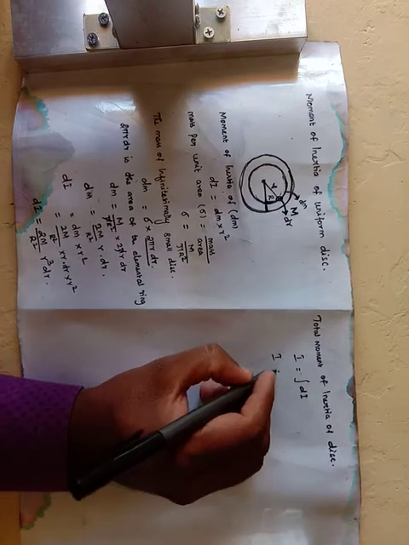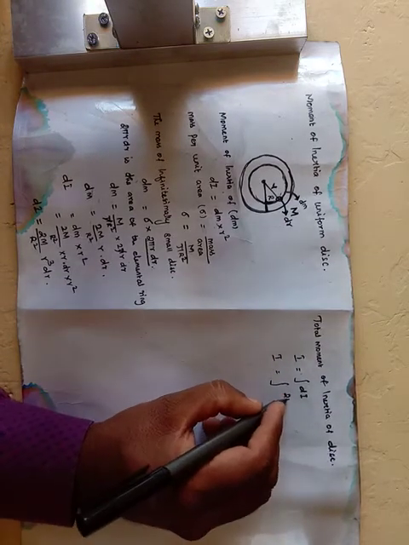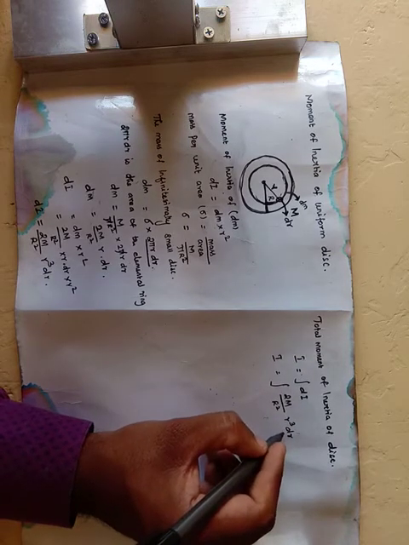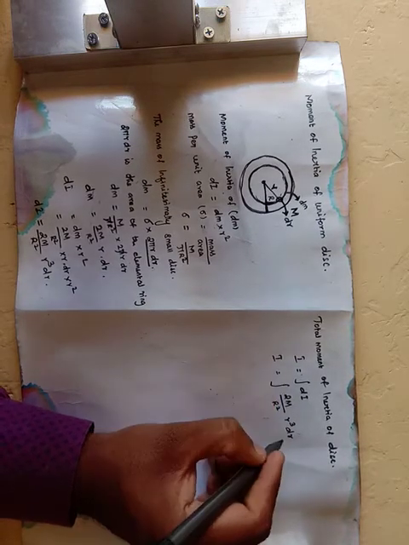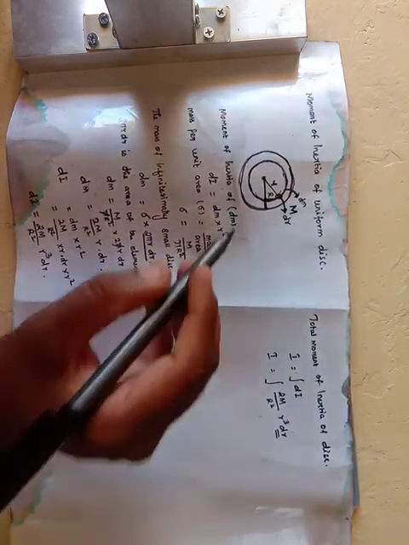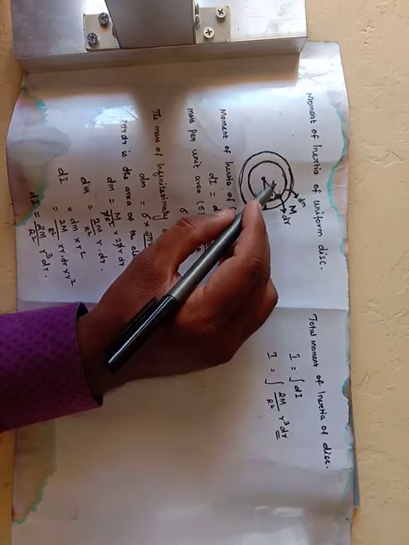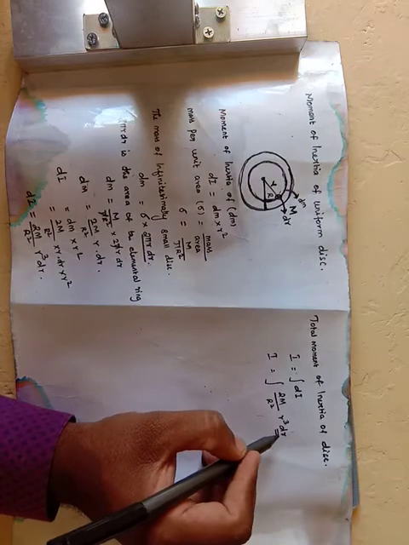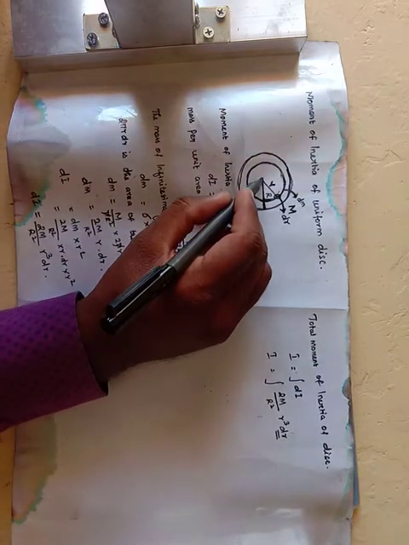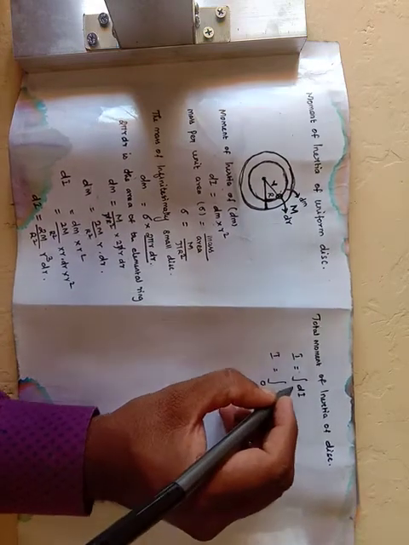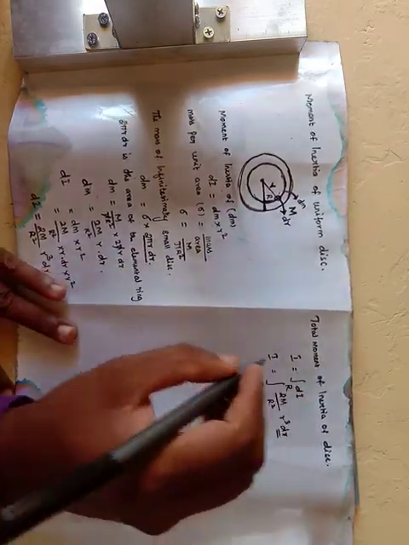Substituting the value of dI, I is equal to the integral of 2M divided by R square, r cube dr. We are going to integrate with respect to r, that is the radius. Initially the radius is 0, finally the radius is capital R. So the lower limit is 0 and the upper limit is capital R.